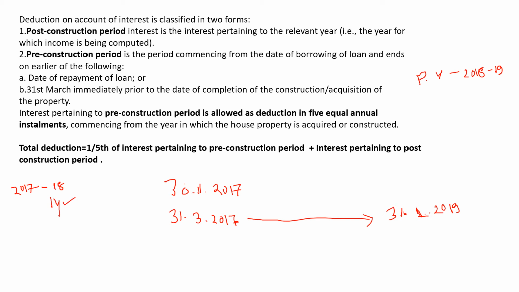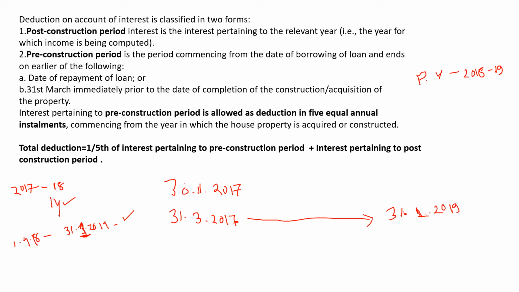Then from 1st April 2018 to 31st March 2019 will be my 1 year. But the repayment period is 31st of January.